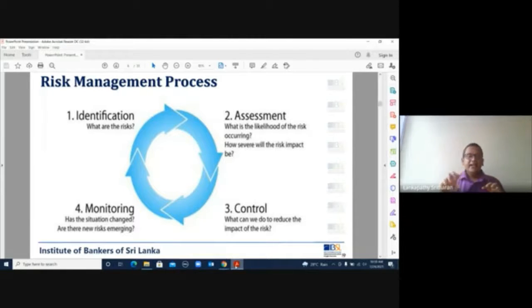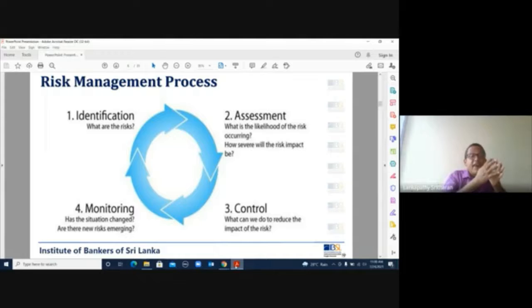Then we continuously monitor, because we have invested in government securities and in the equity market. Equity markets change from time to time, week to week. So we continuously monitor whether our fund is secure, whether there are any further adverse scenarios, or whether we need to diversify the investment into other things.